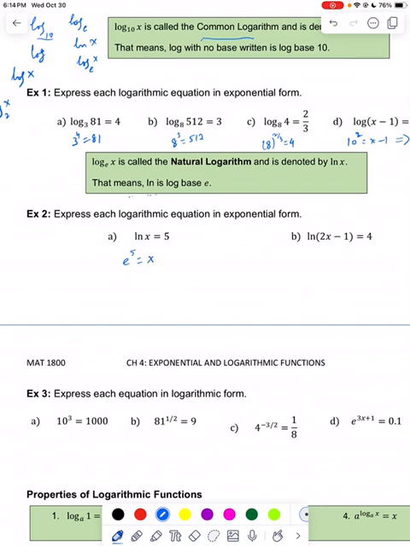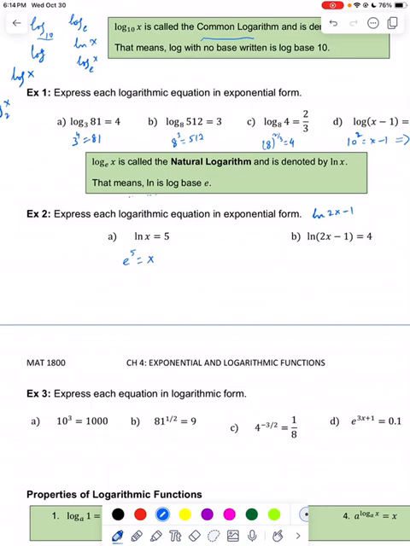In the next one, part b, ln of (2x minus 1) is equal to 4. Now note here, if you see something like ln of 2x minus 1, then the negative 1 is not inside the log with 2x.